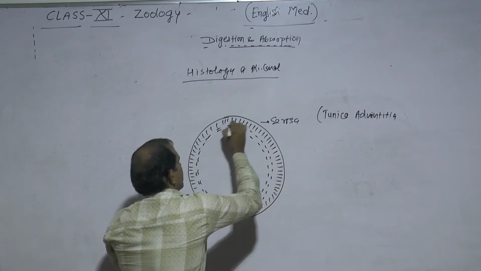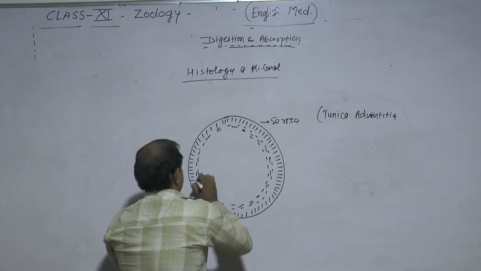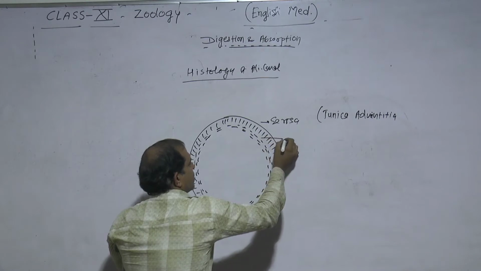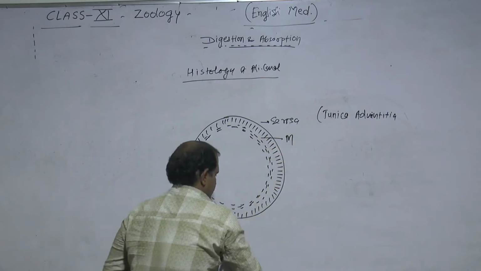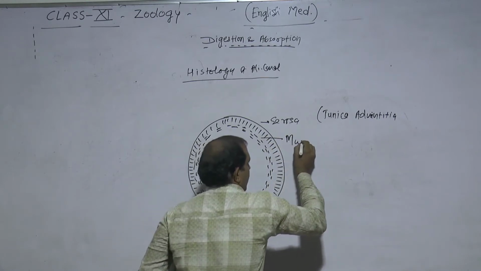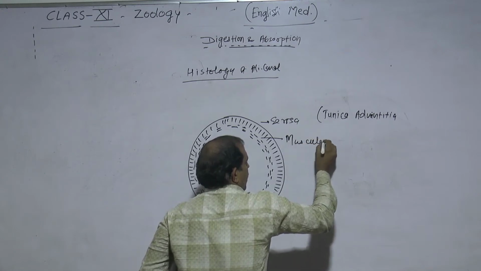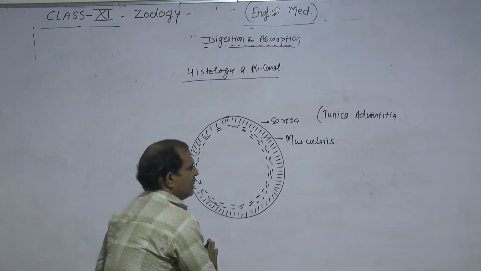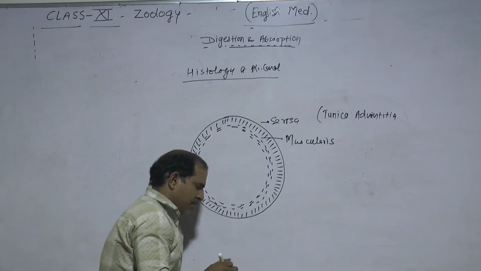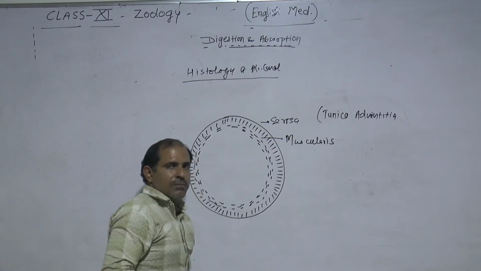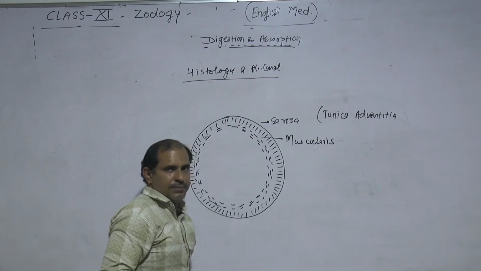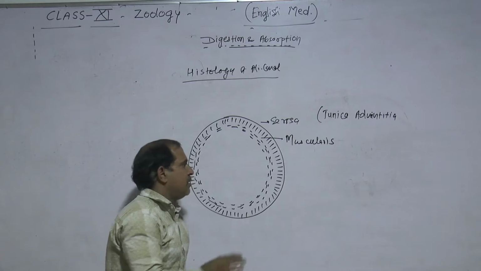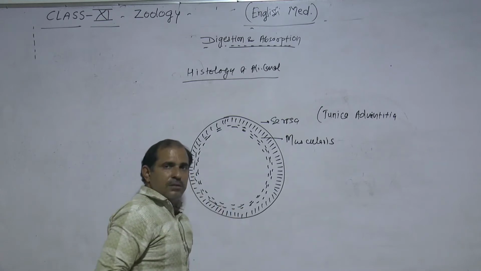So the outermost layer is serosa and the second layer is muscularis. Contraction, relaxation and peristaltic movements occur in the muscularis layer.